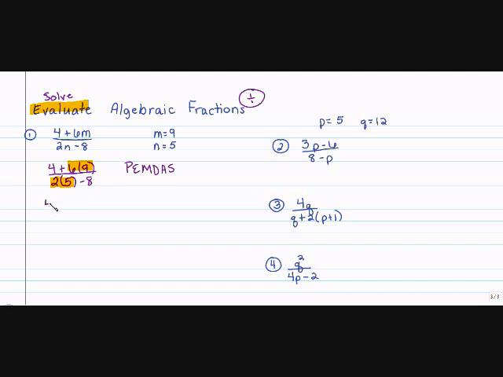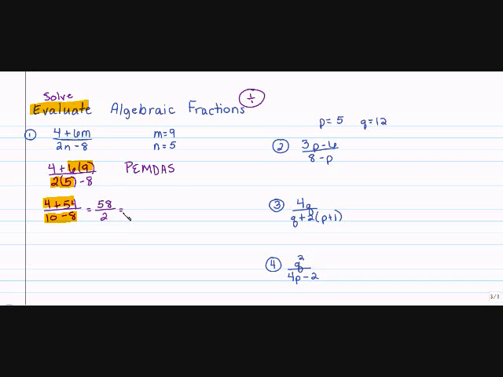I'm going to rewrite my 4 plus 6 times 9, which is 54, divided by 2 times 5, which is 10, minus 8. Now I'm going to solve my 4 plus 54, and then 10 minus 8. 4 plus 54 is 58, and 10 minus 8 is 2.